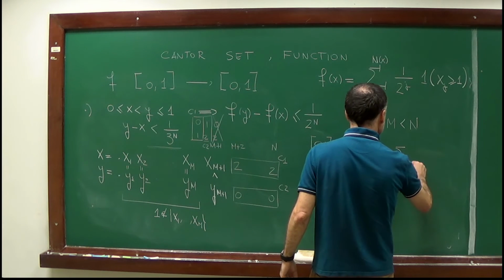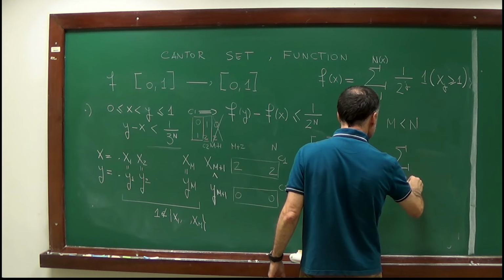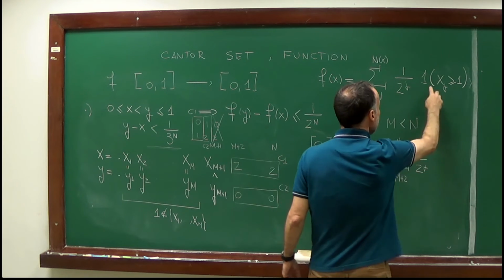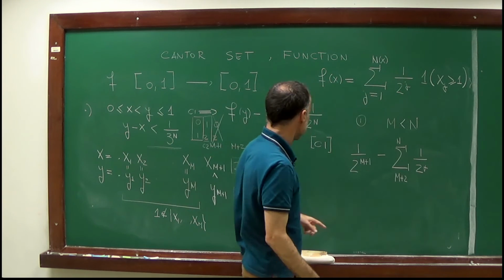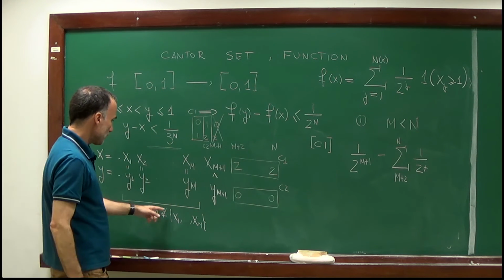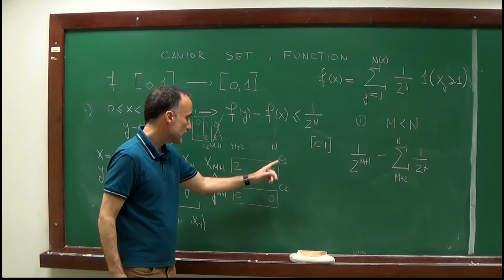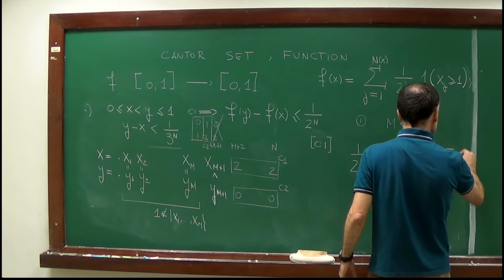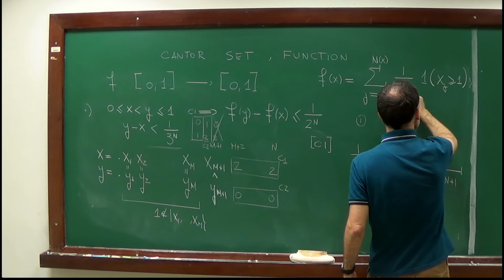And these 2s go at least from m plus 2 to n. All x are equal to 2, so I can count all these contributions from m plus 2 up to n, since I'm assuming that the n of x is larger than n. And here I still have the contribution from n plus 1 up to n of x of this expression.